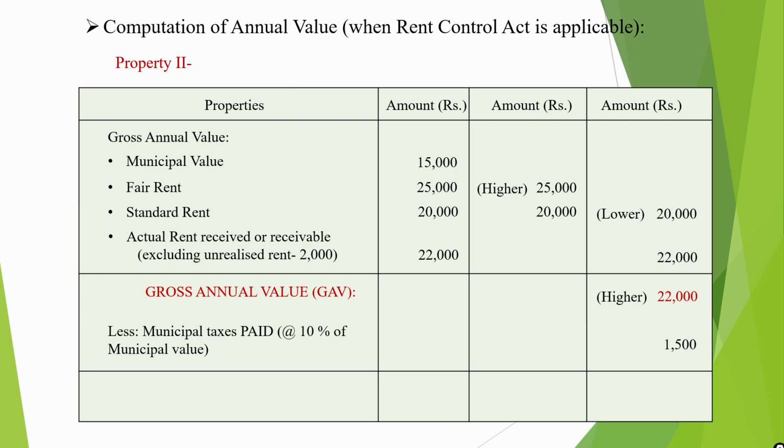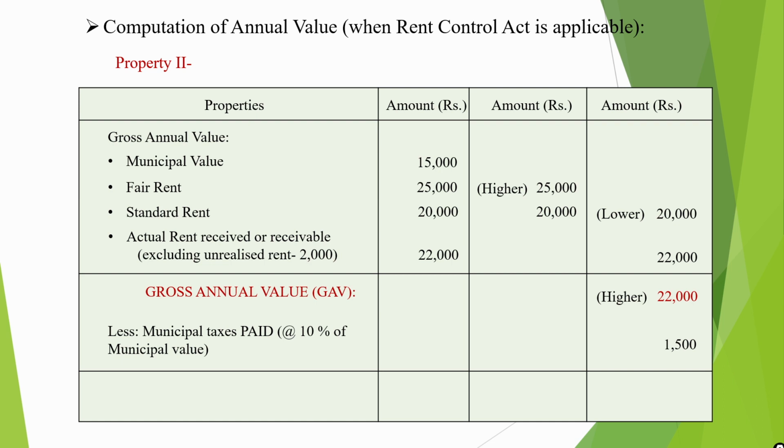When it is not given in the problem, it means the municipal taxes are paid only by the owner, and you can deduct those municipal taxes from gross annual value. And this point is necessary to remember.